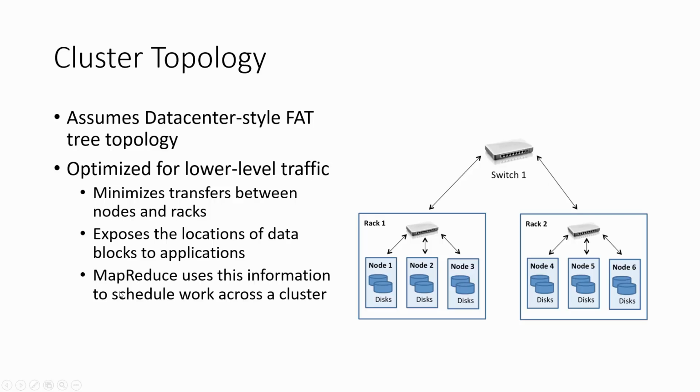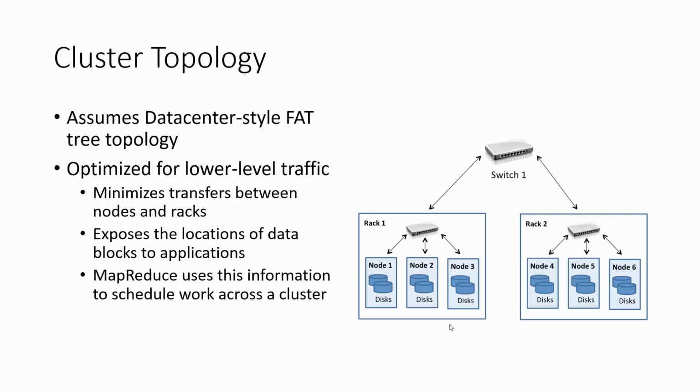In fact, HDFS also exposes the location of data blocks to certain applications. So, a MapReduce scheduler that is scheduling map and reduce tasks, if the data is sitting in HDFS, the metadata resolver, that is the name node, will actually expose the block locations to the clients.